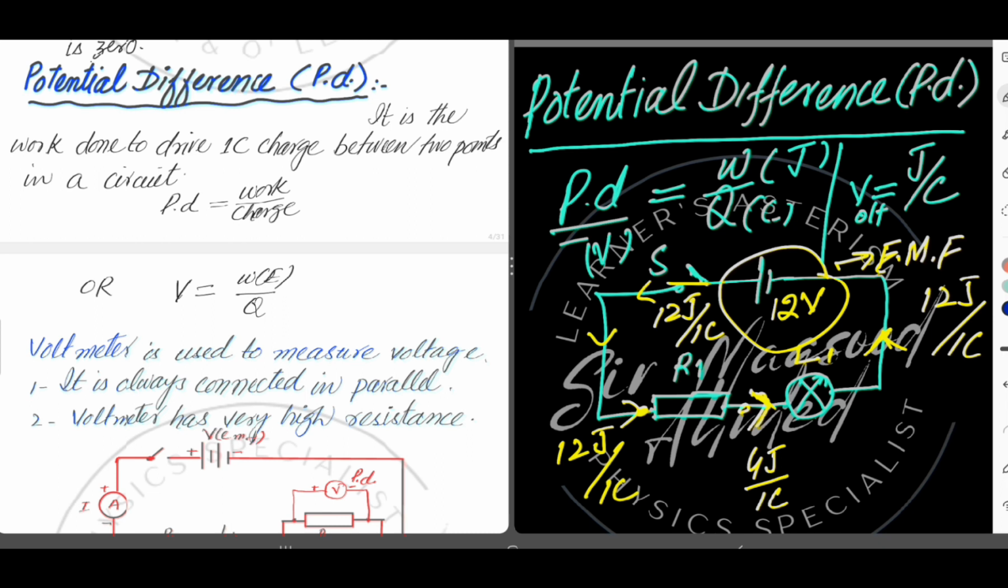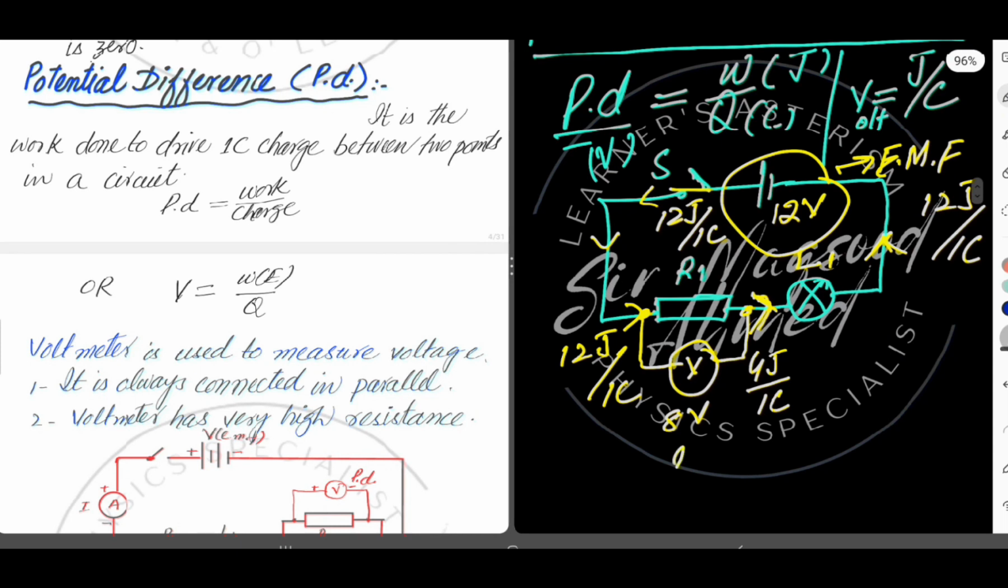If it is a heater, it will convert the 8 joules of electrical energy into heat. Due to this energy change, there is an energy difference across the resistor R1. If we connect the voltmeter parallel to R1, it will show 8 volts. 8 volts means 8 joules per coulomb of energy has been consumed by the resistor.